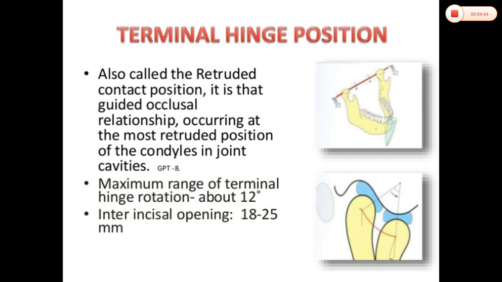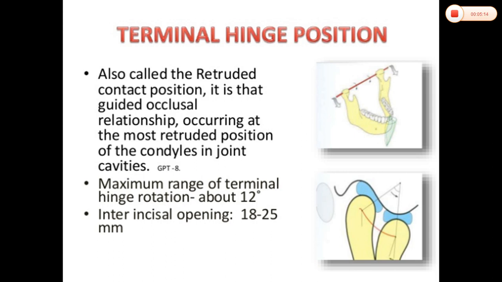That is why it is known as the terminal hinge position, around which these mandibular movements happen. It's about 12 to 15 degrees near the maximum intercuspation area, and the interincisal distance is around 18 to 25 millimeters.